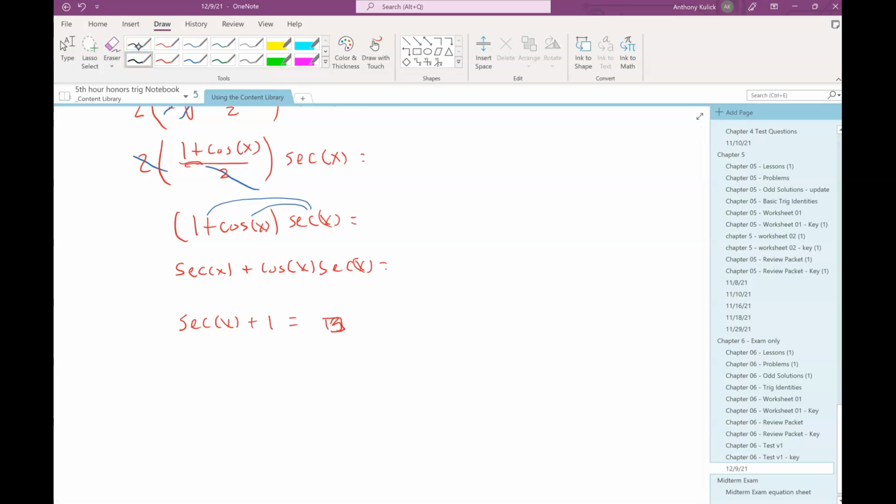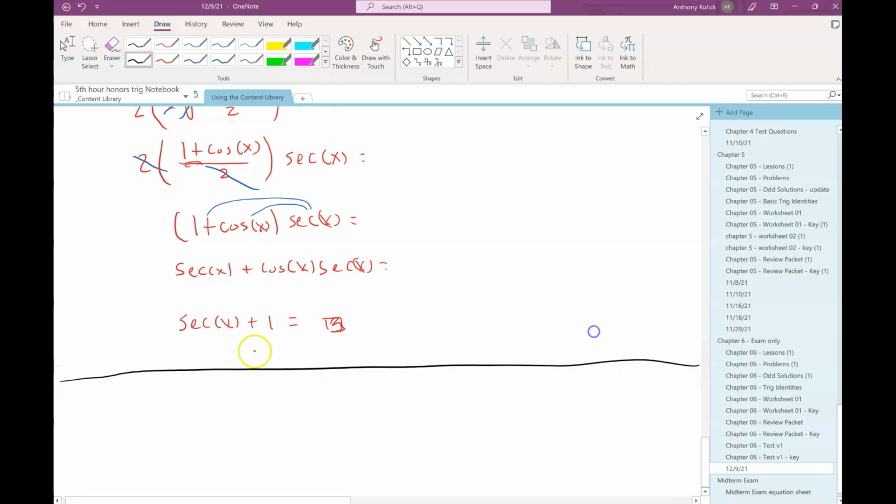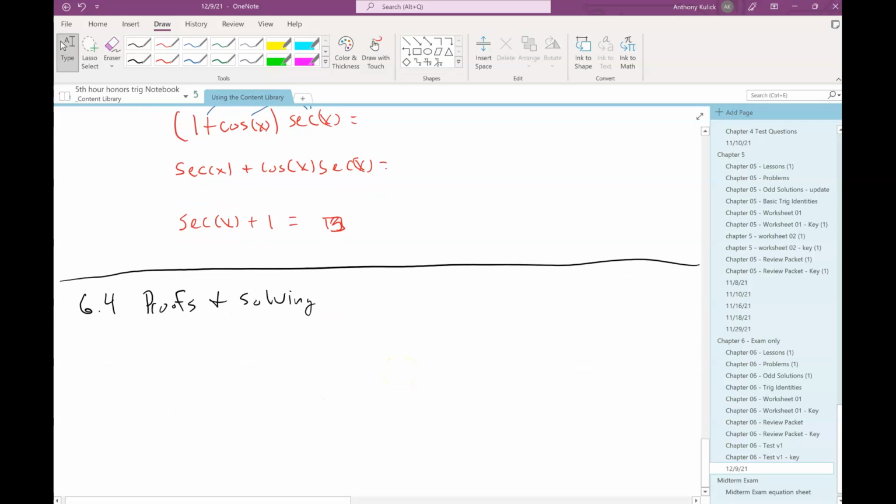Last section is 6.4, which is all just proofs and solving. So previously to this point, the proofs that we had done had kind of followed with whatever the identity we were studying in that section, so it was kind of obvious what to choose.